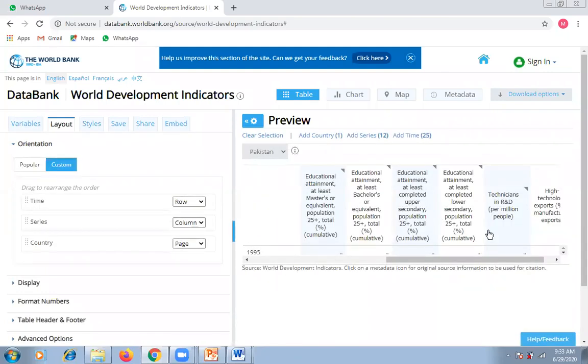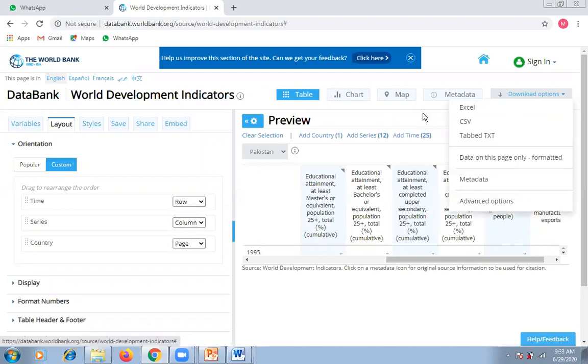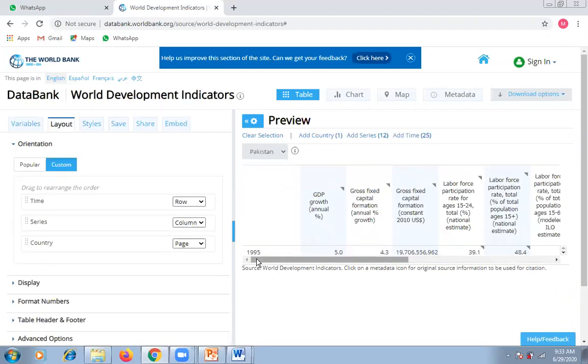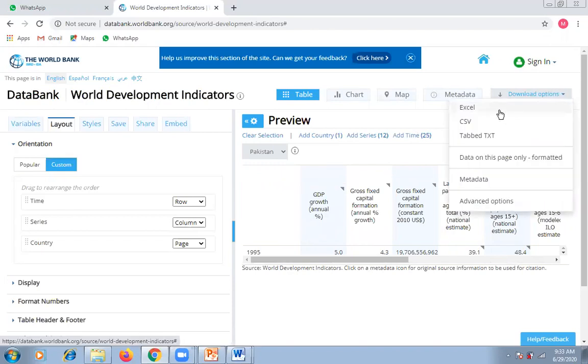You can see here all variables data, download option. You can see here all variables data which we collected for 25 years. Now I'm going to download your data in Excel sheets.